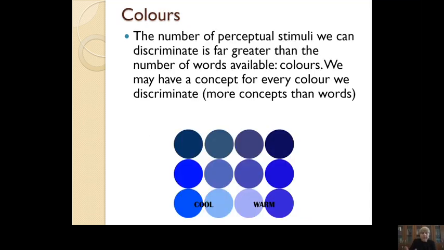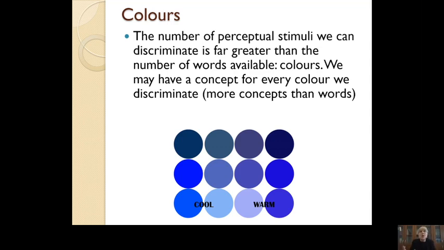Now, okay, look at the colors. The number of perceptual stimuli we can discriminate is far greater than the number of words available, and colors constitute a very good example. So we may have a concept for every nuance, right? We discriminate quite a number of various nuances, various shades, yet there is just one word.